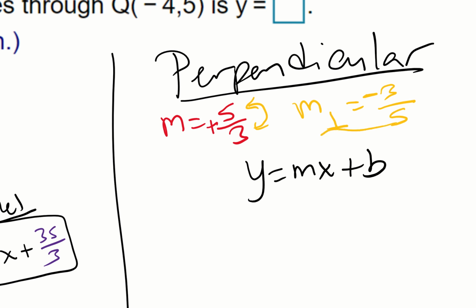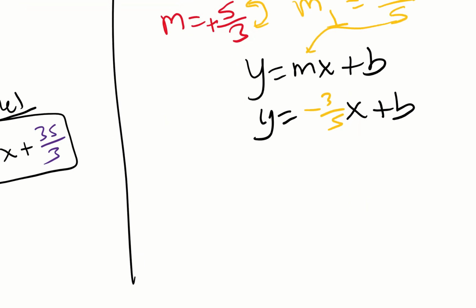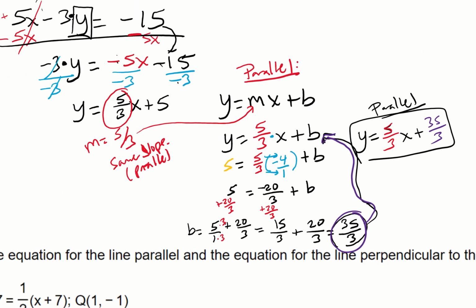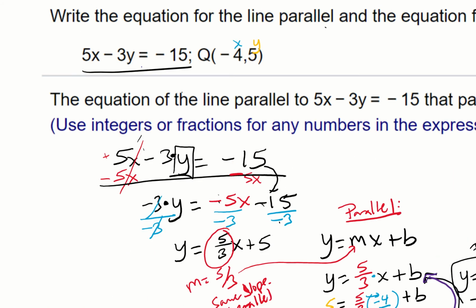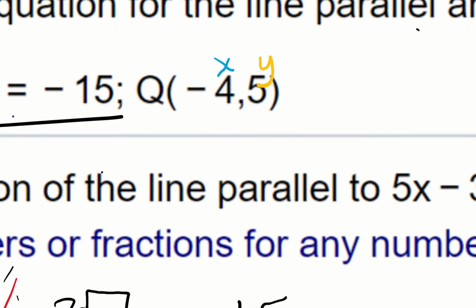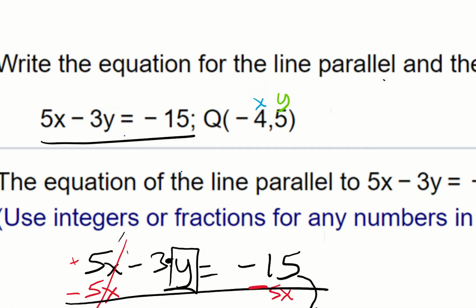We get y equals, use that new slope, x plus b. The y and the x are still going to be the same, so that's not going to change. Y is still going to be 5, and x is still going to be negative 4. And I don't want to use the same color here, so I'm going to use green this time.